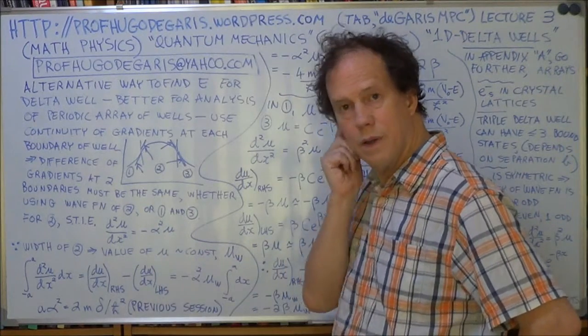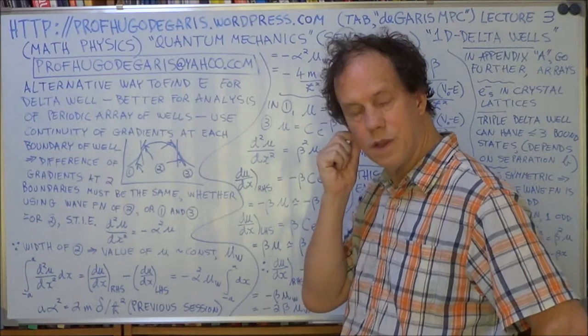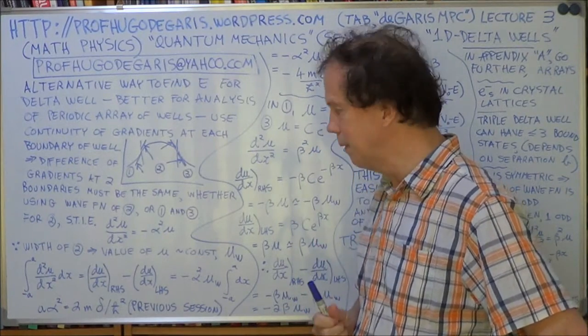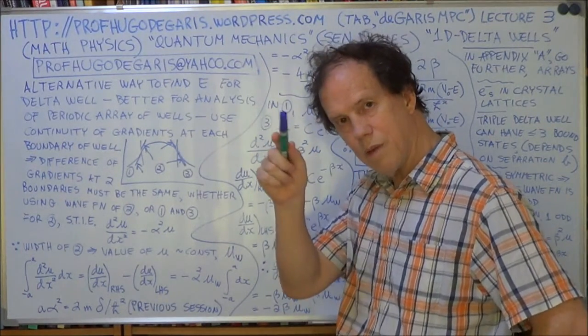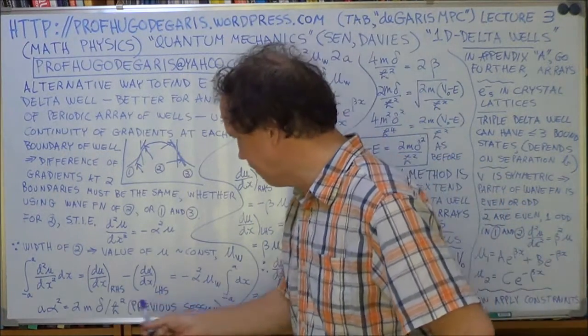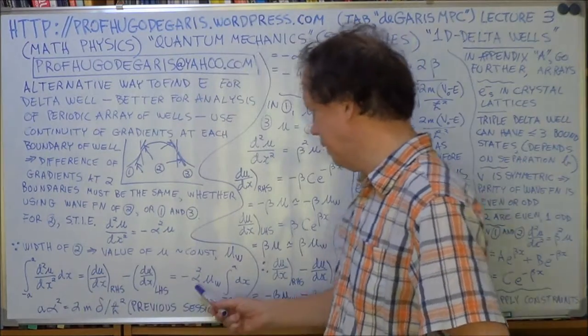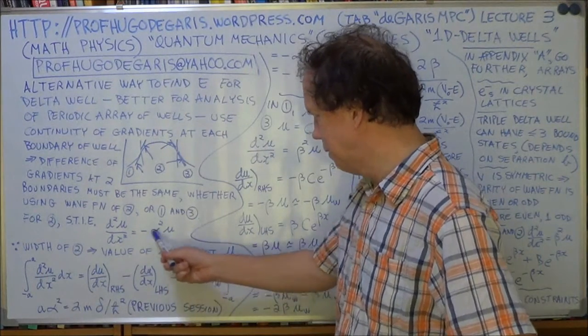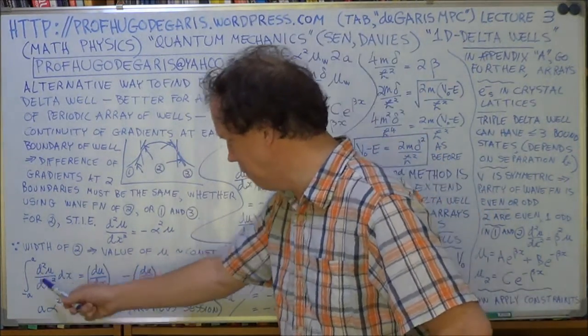Now alpha, from definition, is just a constant. It was beta that was a function of the energy, but alpha was just a constant. So the alpha squared you can bring outside.